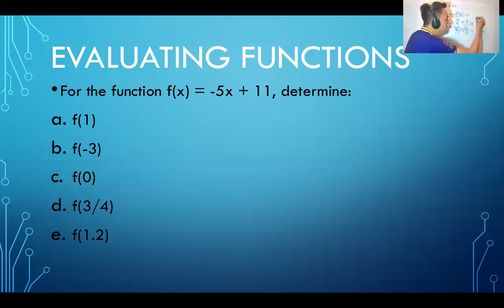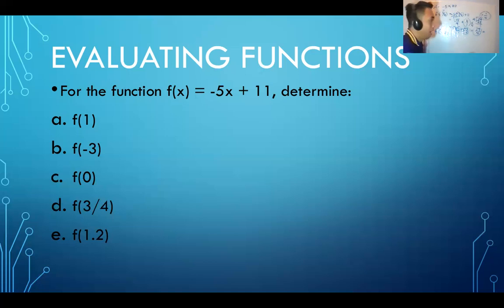29 goes inside, and then 4 is on the outside. So how many 4s are there in 29? We have 7. 7 times 4 is 28. 29 minus 28 is 1. And 1 will become its numerator, and 4 is our denominator.